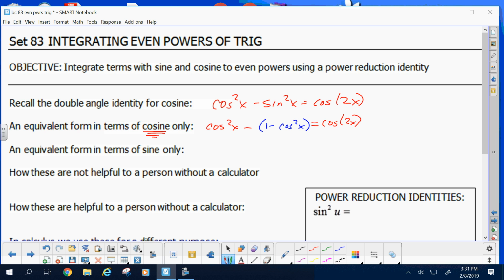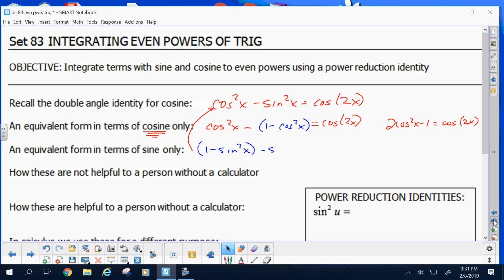And I could eventually distribute and combine like terms and get something like 2 cosine squared of x minus 1 is cosine of 2x. Likewise, I could take that identity and replace the cosine squared with 1 minus sine squared, so that the left-hand side was all sine type material. That would give me 1 minus 2 sine squared is cosine of 2x.